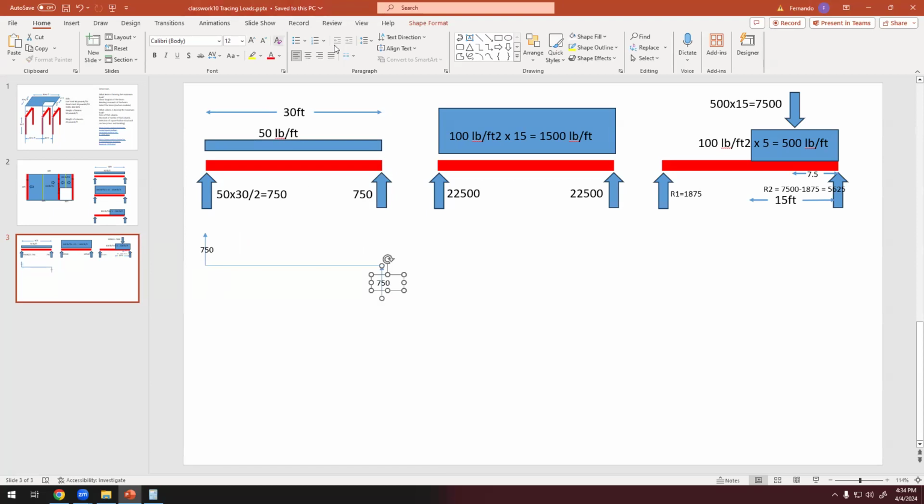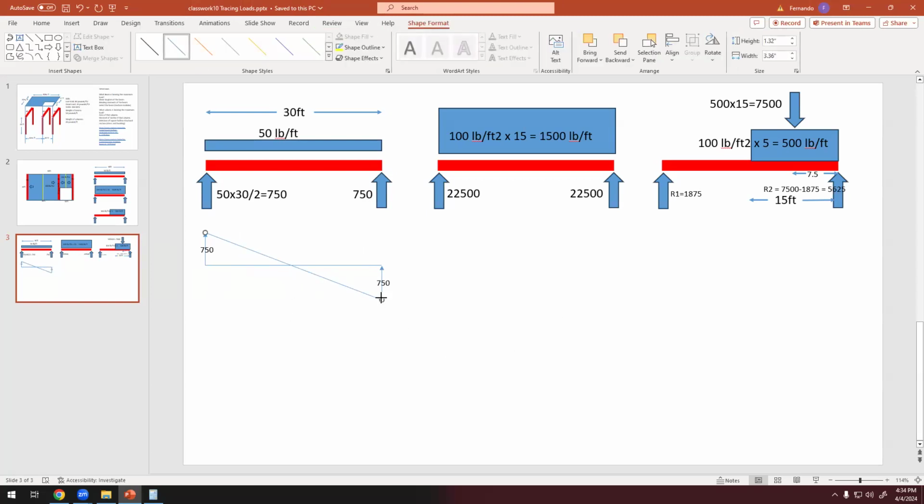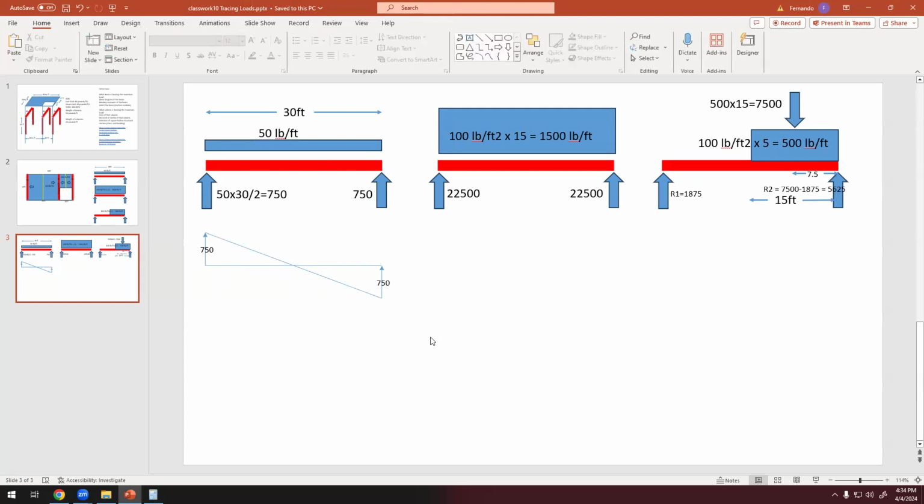And then the shear diagram is just a line connecting this and this. So that's the shear diagram of a uniformly distributed load in a symmetrical beam. Okay, so this is quite simple. This one is going to be the same with different numbers.